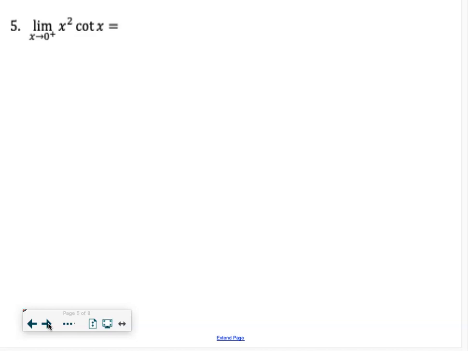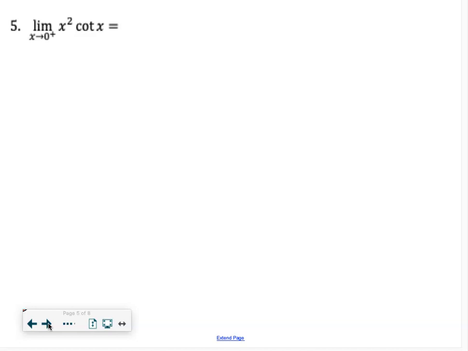So you have a 0 times an infinity. 0 times infinity is not L'Hopital. You have to rewrite it. Personally, the easiest way to rewrite this by far was to just put the cotangent on the bottom and call it tangent. Or rewrite it in terms of sines and cosines. Much harder to put the x squared on the bottom.